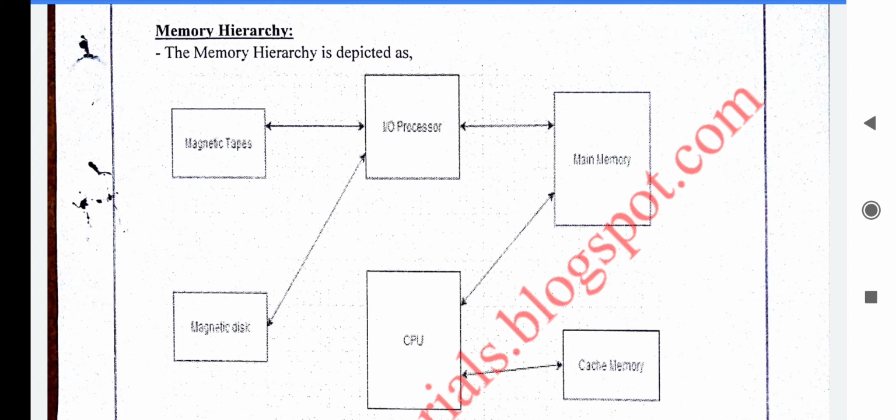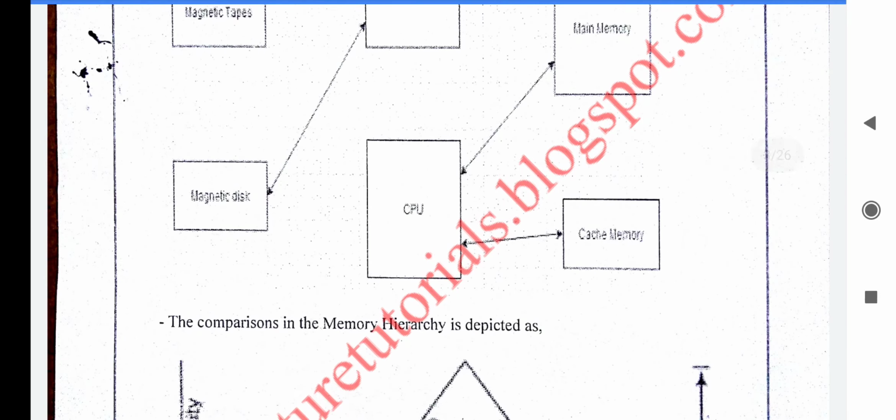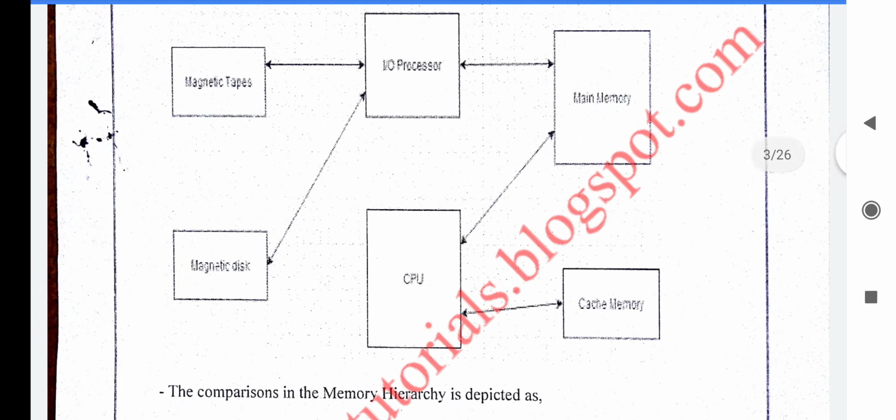Hope you know about main memory, about the CPU also, and the cache memory. Most of you know cache memory. Observe the diagram here. Cache memory is always very near the CPU, so we call it the fastest memory.